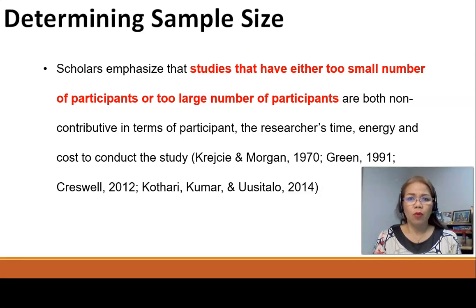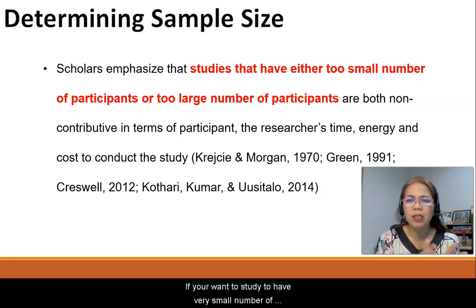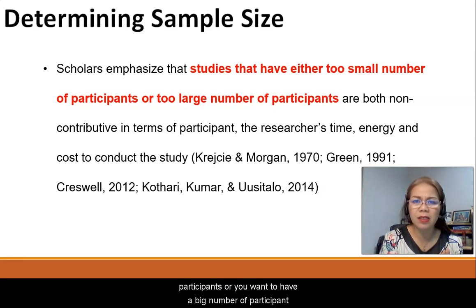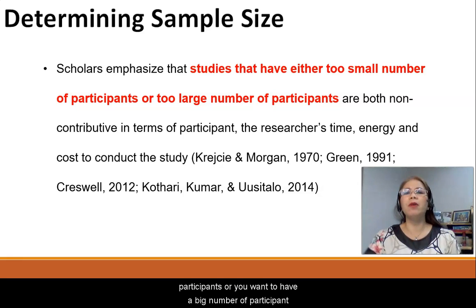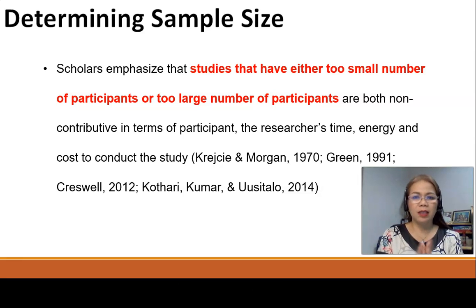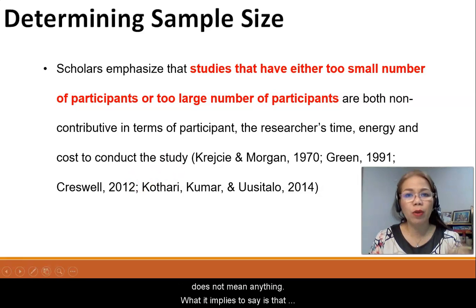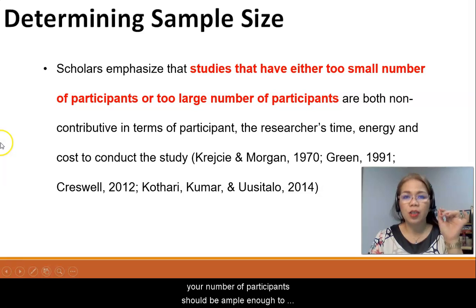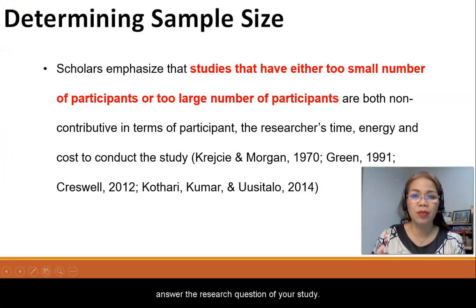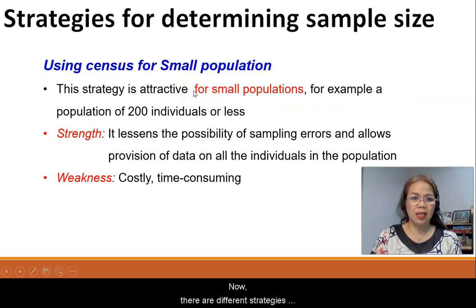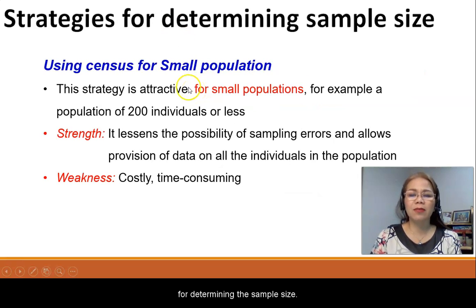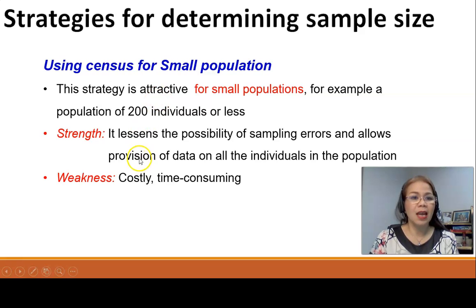Meaning that if you want your study to have a very small number of participants or a big number of participants, it does not mean anything. What it implies is that your number of participants should be ample enough to answer the research question of your study. Now, there are different strategies for determining the sample size.